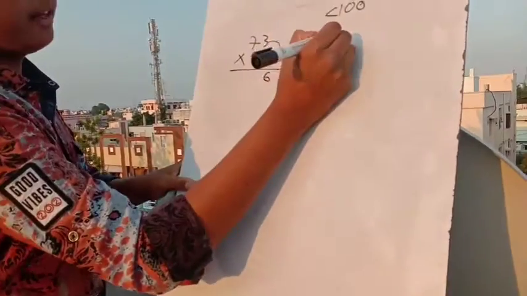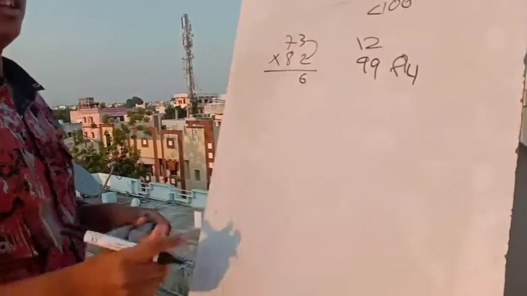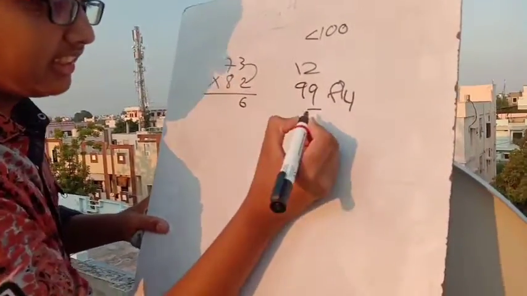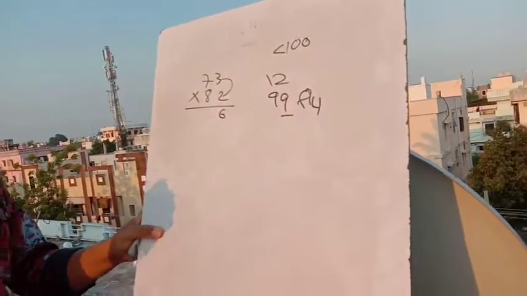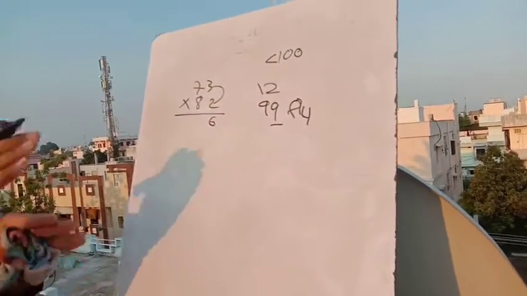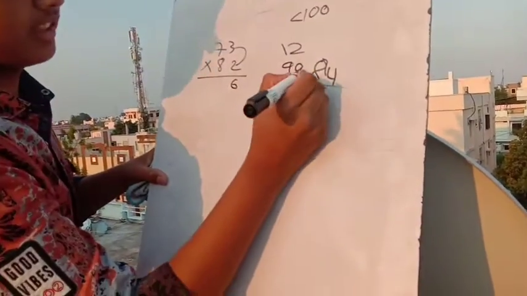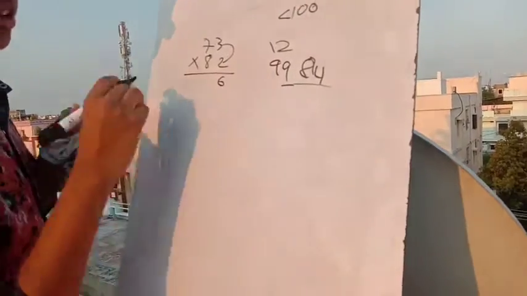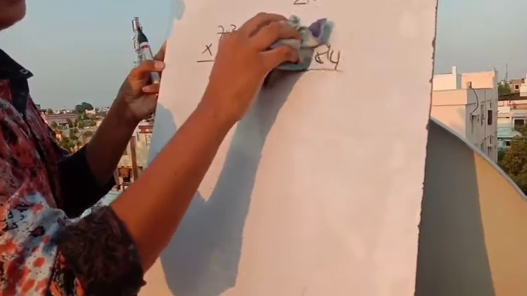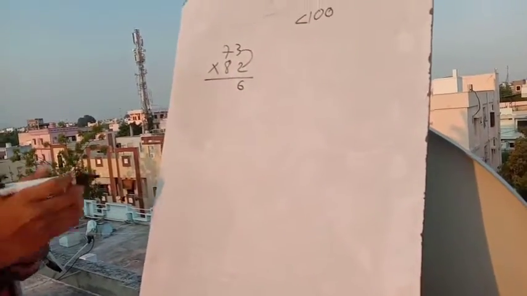When there are no double digits in the answer, we take only the first single digit in this general multiplication method. But in the trick for numbers near 100 or greater than 100, we have to take 2 digits in case there are. Here we take only 1 digit. If the answer is 1 digit, then there is no need to do anything more.